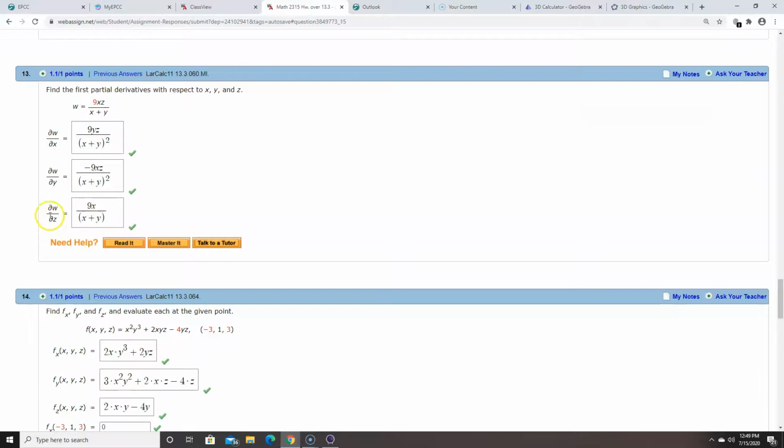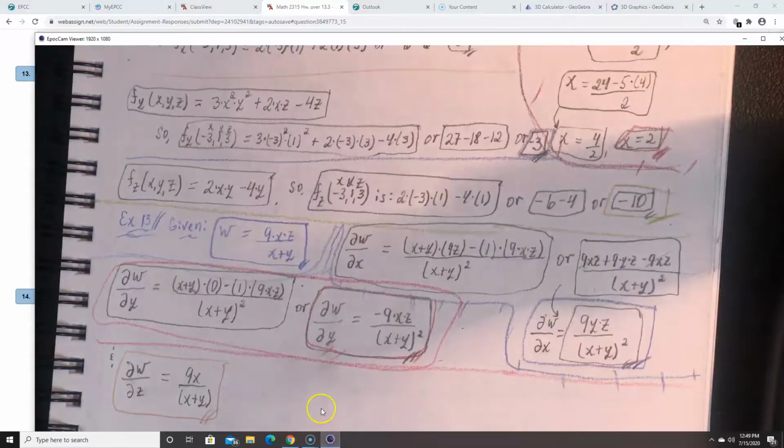And the last one, the partial derivative of w again, but with respect to z. The z is not in the denominator. So this is like if you would have had 9xz, just pretend, over 4.